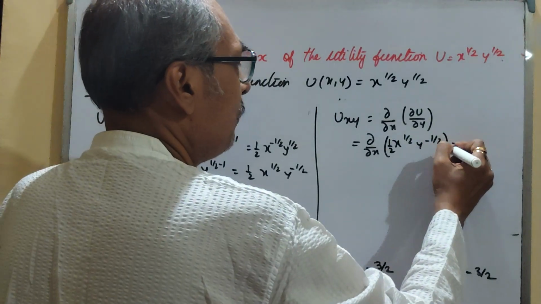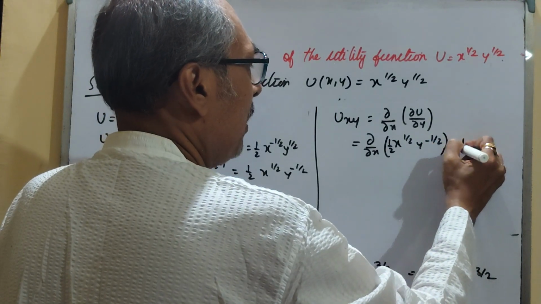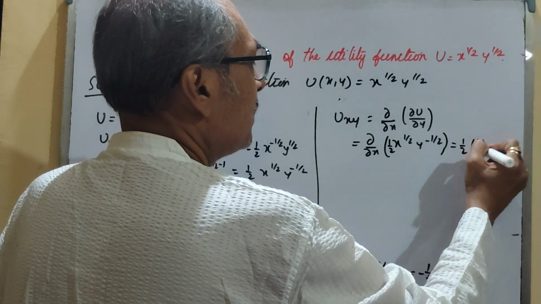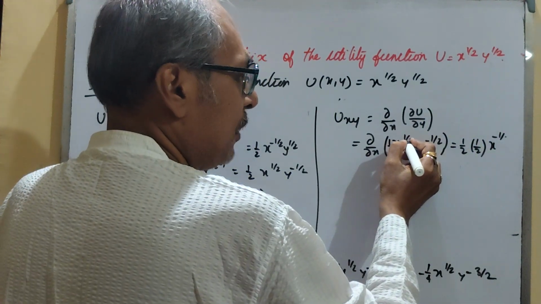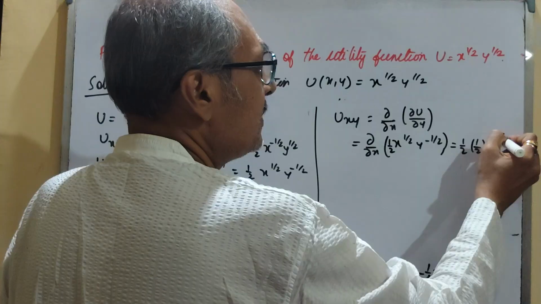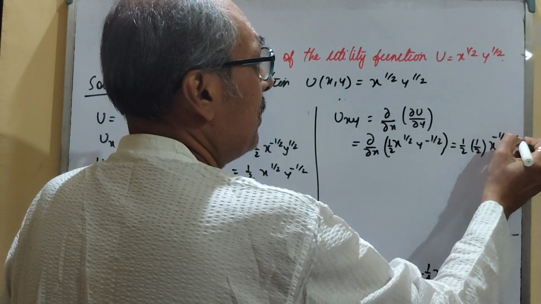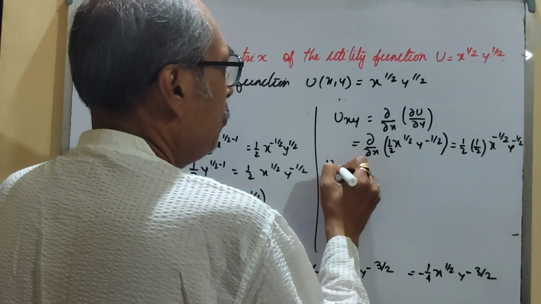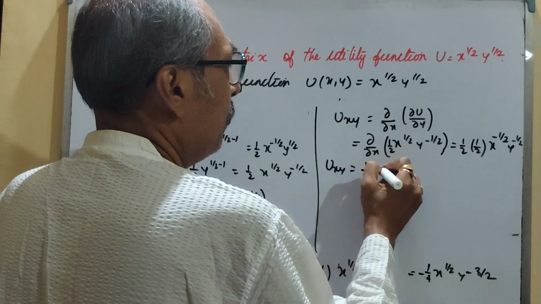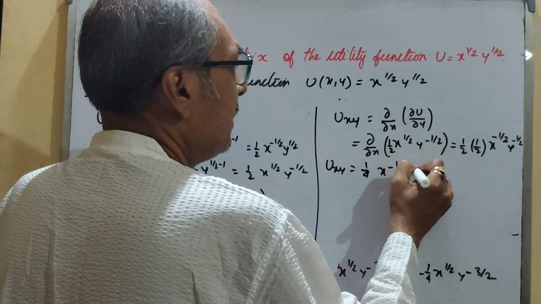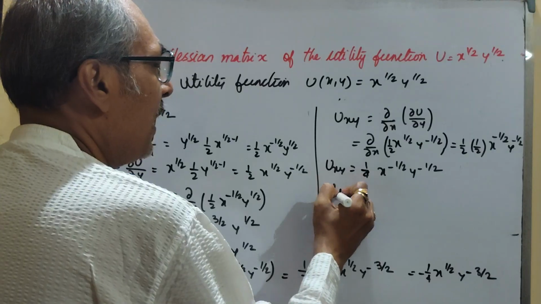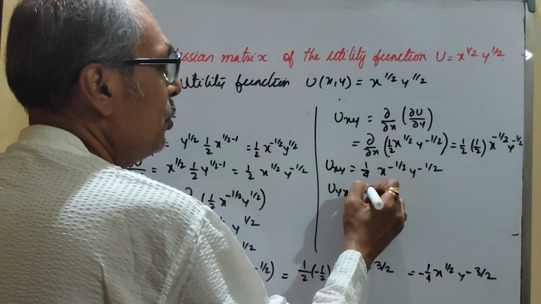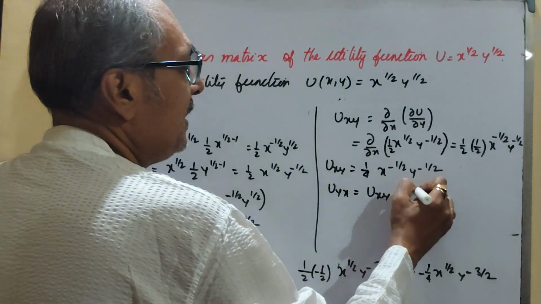Now we differentiate, we get the value half into half x to the power minus half, because half minus 1 is minus half, y to the power minus half. Therefore, uxy is 1 by 4 x to the power minus half y to the power minus half. Now uyx equals uxy by Young's theorem.